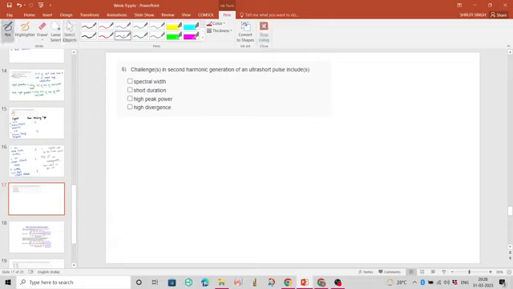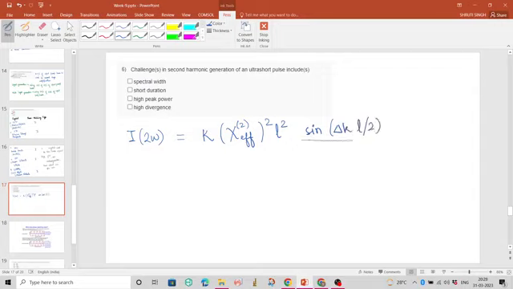Now, let me write an expression here. It is the intensity of the second harmonic, given by K. This is the intensity of the second harmonic which we get.